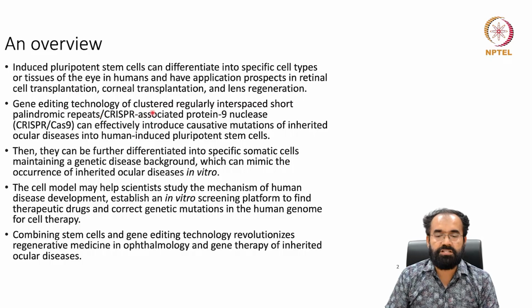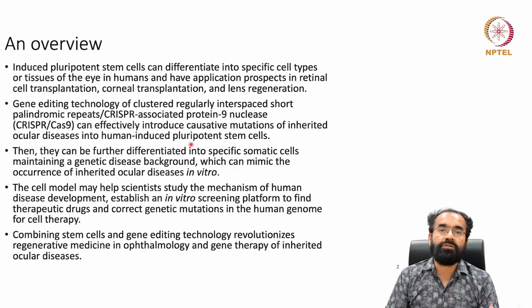Gene editing technology of clustered regularly interspaced short palindromic repeats, that is the long form of CRISPR, along with the CRISPR associated protein 9 known as Cas9, which is basically a nuclease, in short known as CRISPR-Cas9, can effectively introduce causative mutations of inherited ocular diseases into human induced pluripotent stem cells.